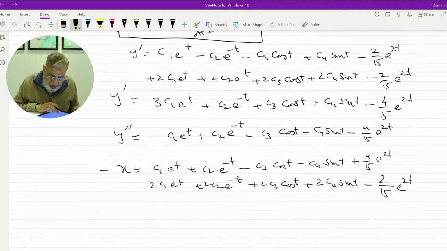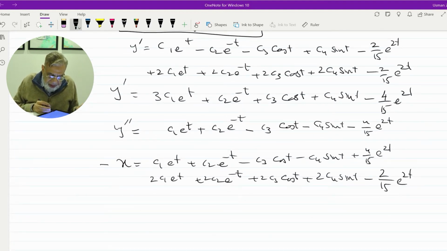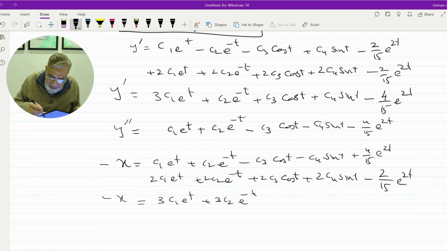Now here I am just going to add and multiply here minus x. We get here the value is equal to 3 c1 e to the power t plus 3 c2 e to the power minus t plus c3 cosine t plus c4 sine t, and this is equal to, I am having here a difference in sign, so I am getting here minus 6 by 15 e to the power 2t.